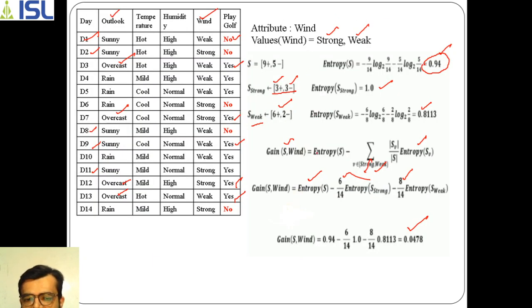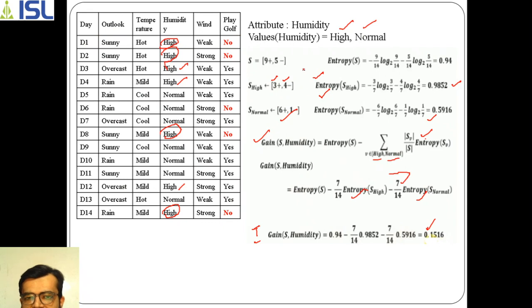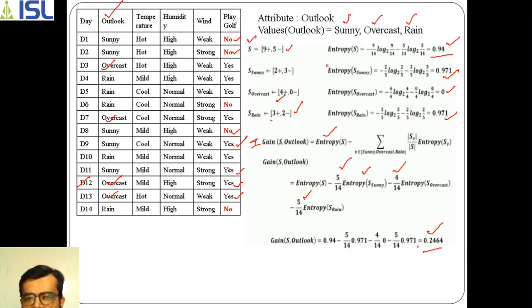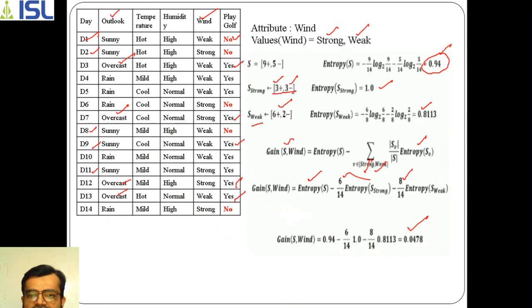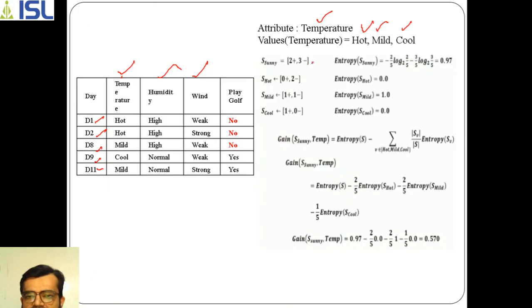Here, for S sunny, we have seen 0.971, right? So using this value we need to perform this, by taking the 0.97 value.